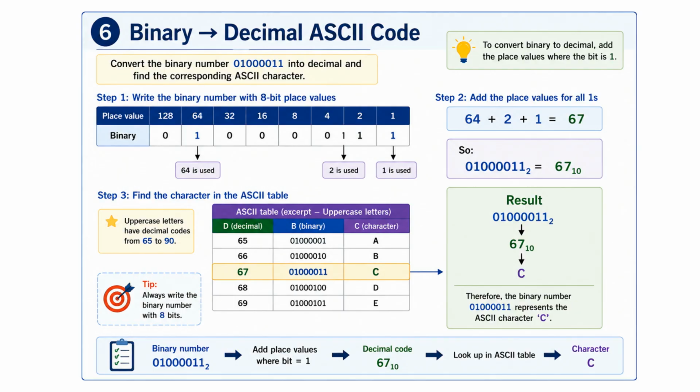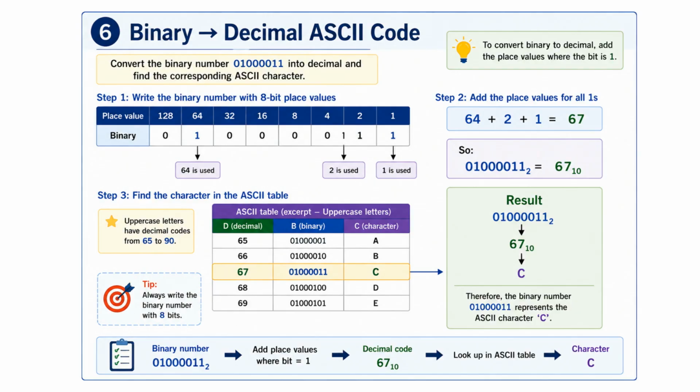Now, let's convert a binary ASCII code back into a character. We are given 01000011. First, look at the positions containing a 1. We have 64, 2, and 1. Now add these values together. 64 plus 2 plus 1 equals 67. So, 01000011 in binary equals 67 in decimal.